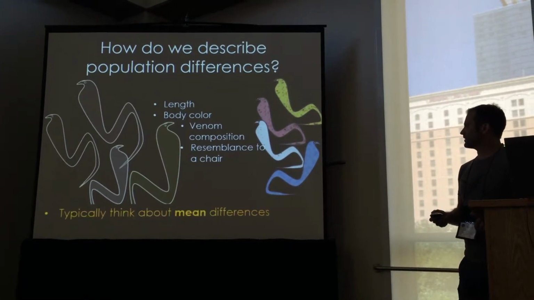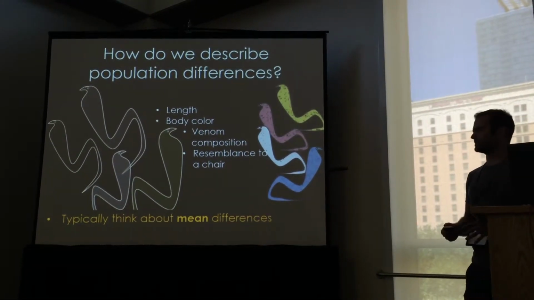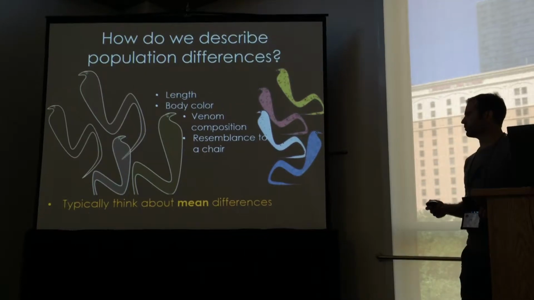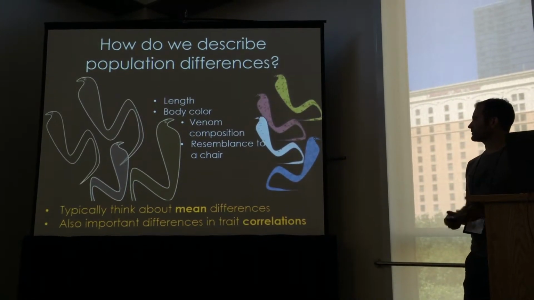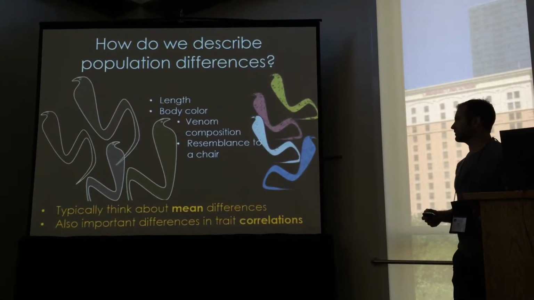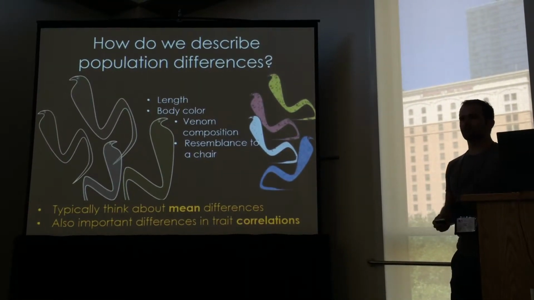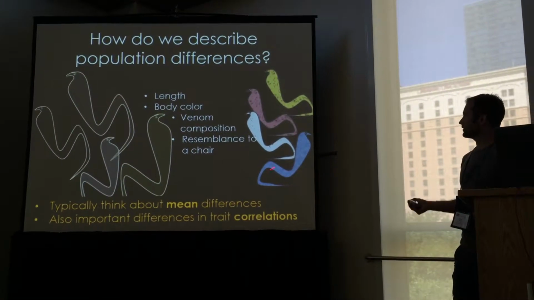And we would start by thinking about the mean differences between these populations. What potentially is of equal or more importance is how traits correlate or covary together. So in this case, the darker ones tend to be larger, and these tend to look more like IKEA chairs.